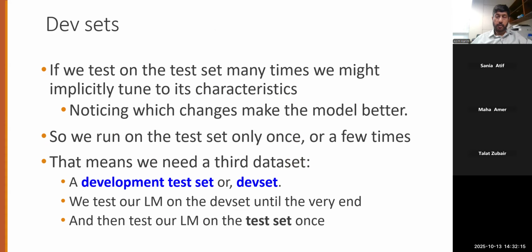And in the case of language modeling, we probably need a third set, which we call a development set. So this is the set on which we tune our language model. Okay, we are looking at the development set while we are trying to tune our model, but once we have done the final tuning, the final evaluation will be on the test set, which is separate from both the training set and the development set. Okay? So you cannot do tuning on the test set because again then you are biasing your model.